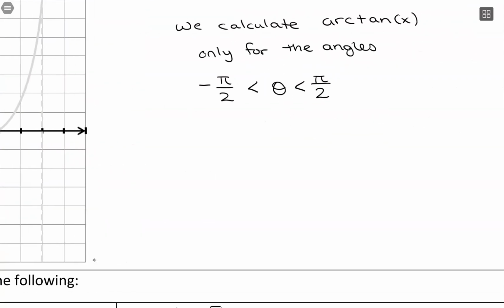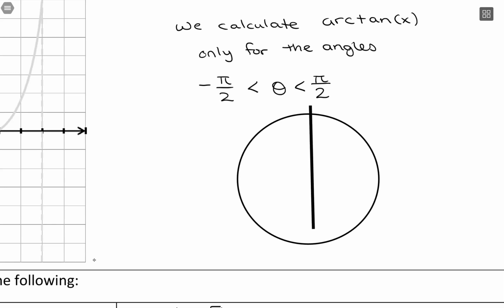So when we look at our unit circle, when I draw this, it's going to look pretty much the same as what we were dealing with for sine. So we're going to be in this range, negative pi over 2 to pi over 2. Just something to keep in mind is that we don't include those endpoints there, whereas with sine, we did.